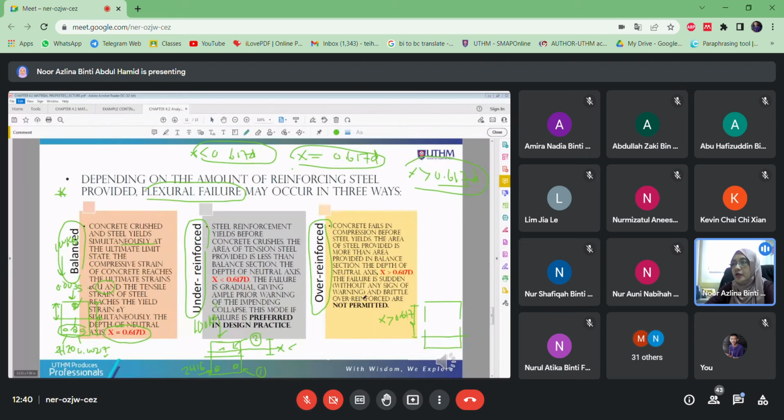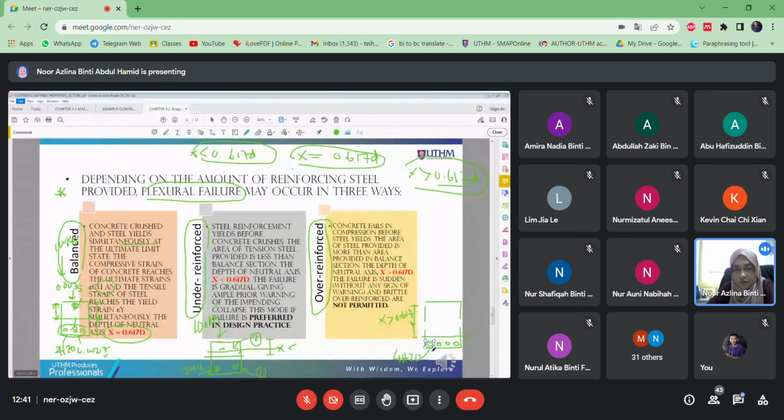So kalau over reinforced, that means you provide more reinforcement here. Katalah letak 4 bar kan, you provide for H20 which is over reinforced.